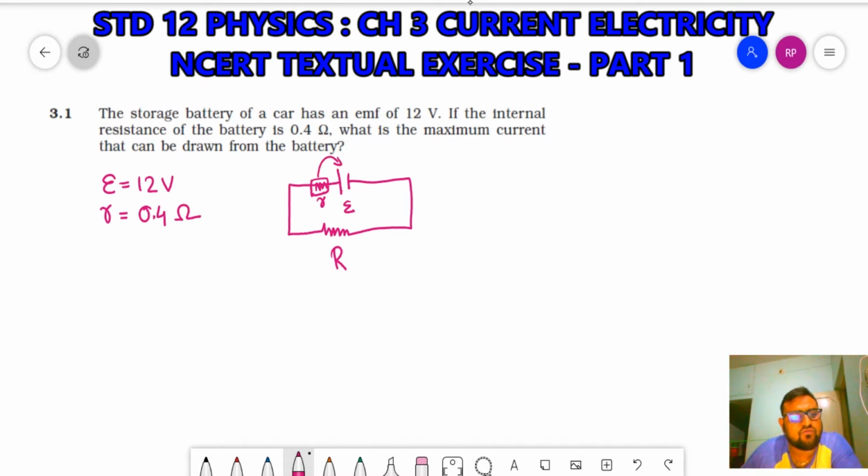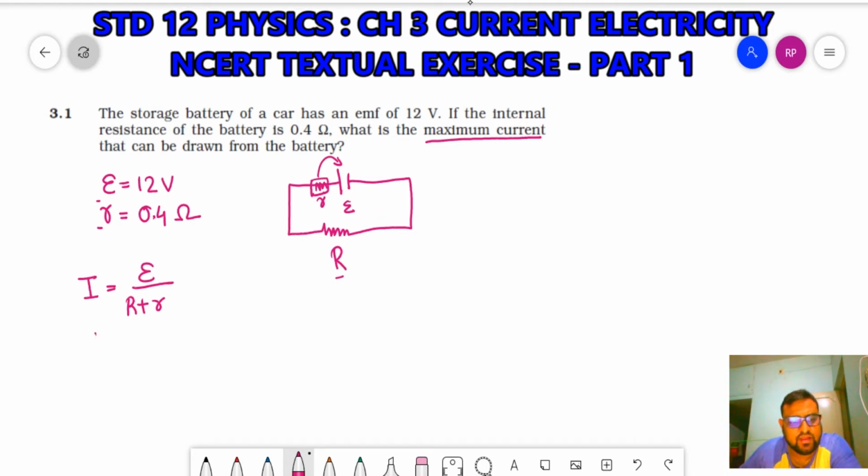The formula for current flowing through the circuit is epsilon upon R plus r. But now the question is maximum current. Now see, the value of EMF epsilon and r, that is internal resistance, is constant, right? So lesser the value of capital R, that is the resistance of the external device, higher the value of current.